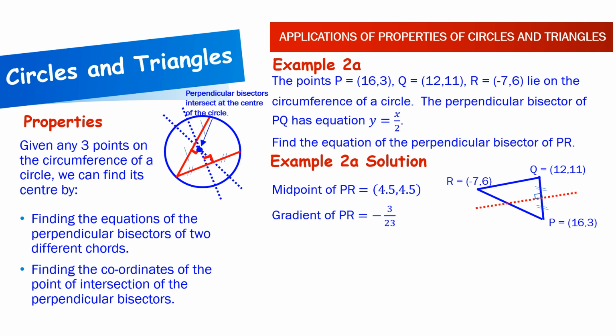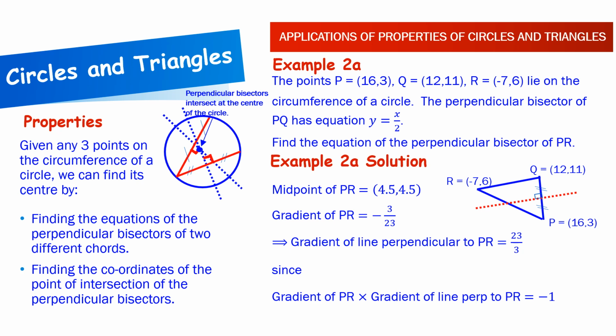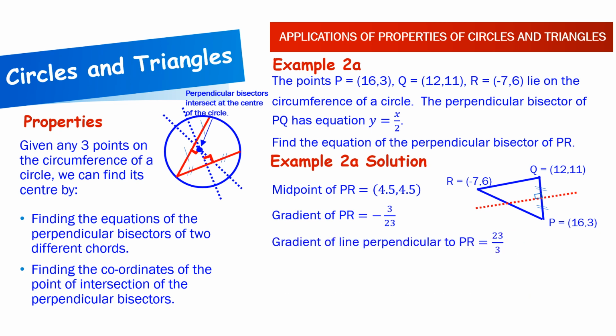Since the gradient of PR is equal to minus 3 over 23, we have that the gradient of the line perpendicular to PR is equal to 23 over 3, since the gradient of PR times the gradient of the line perpendicular to PR equals minus 1.